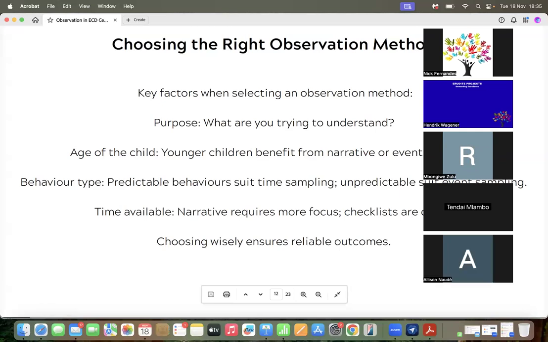All right, let's start again right on the top of my list. Mbongiwe Zulu. Yes. Hello, did you get the question? Hello. Hi, Mbongiwe. No. All right, Leanne, you can repeat the question for you. Sorry, Petra. If you want to track tantrums, which method would work best?